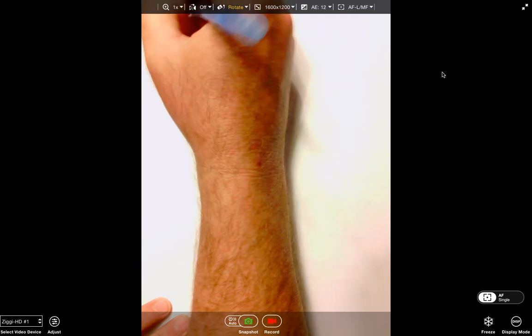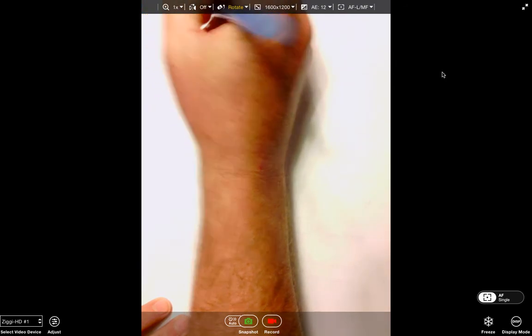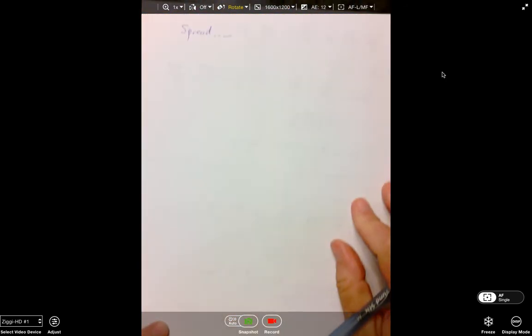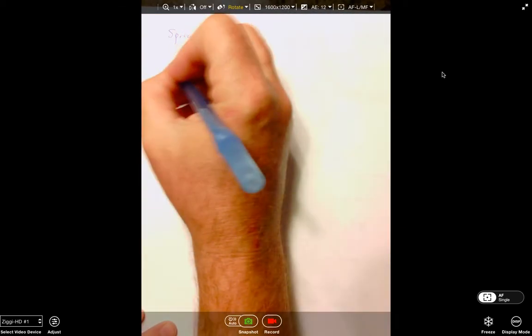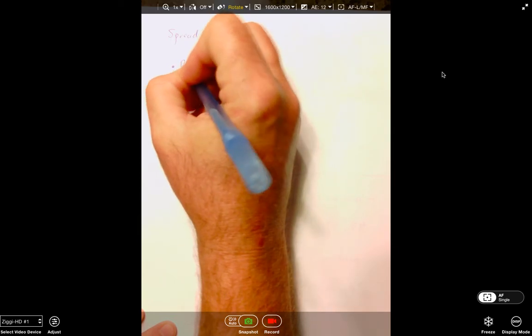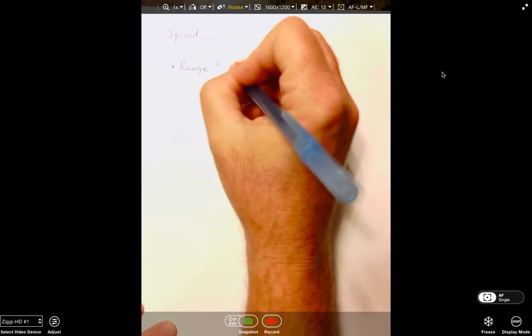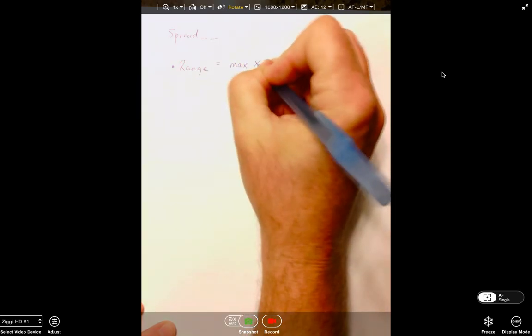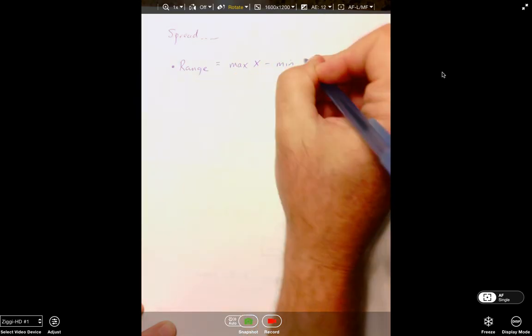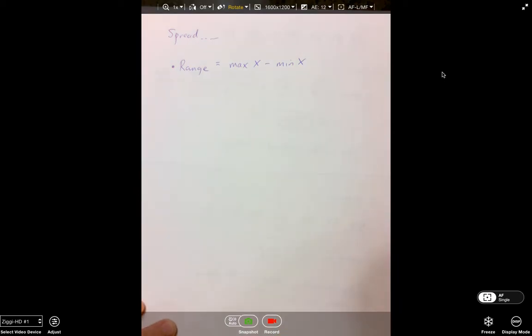So now we're going to focus our attention on measures of spread. The easiest measure of spread that we can look at is called a range. The range is nothing more than the maximum value minus the minimum value. Again, guys, remember, this x is not a variable as much as it is in an algebra class.